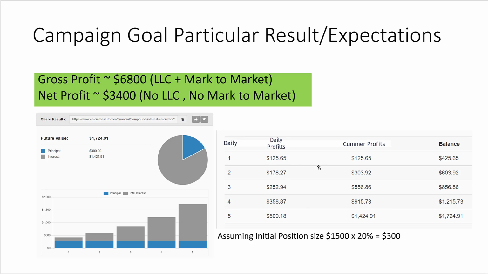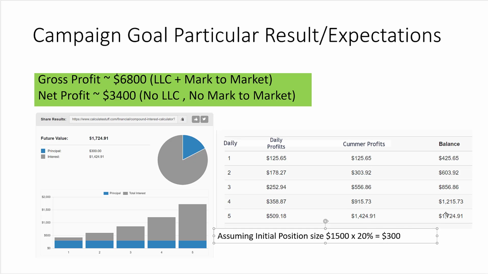Okay, so if you add that all up, your cumulative profit should be $1,424. Add that $300. So here I'm assuming an initial position of 1,500, and then the position allocation amount is going to be 20%.